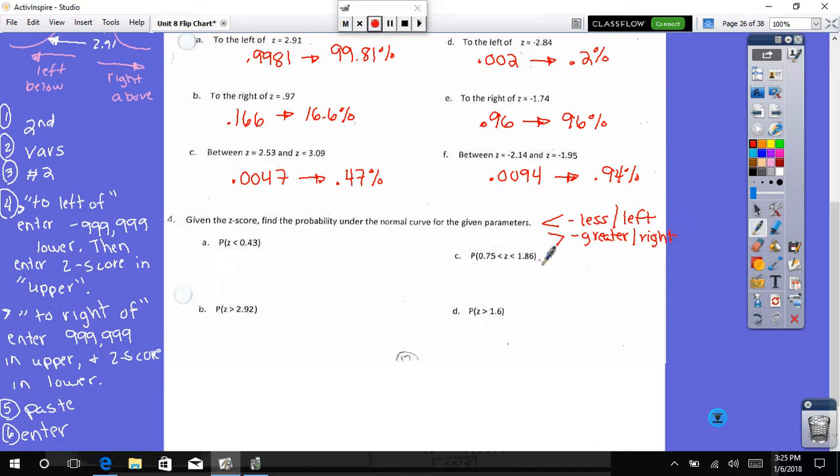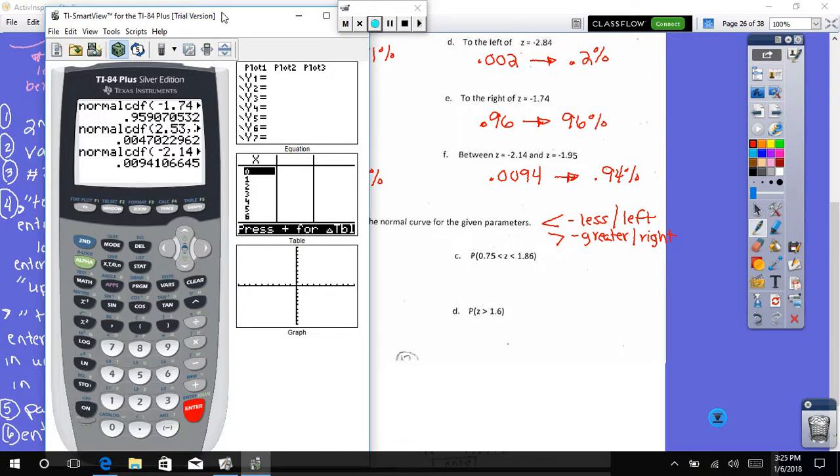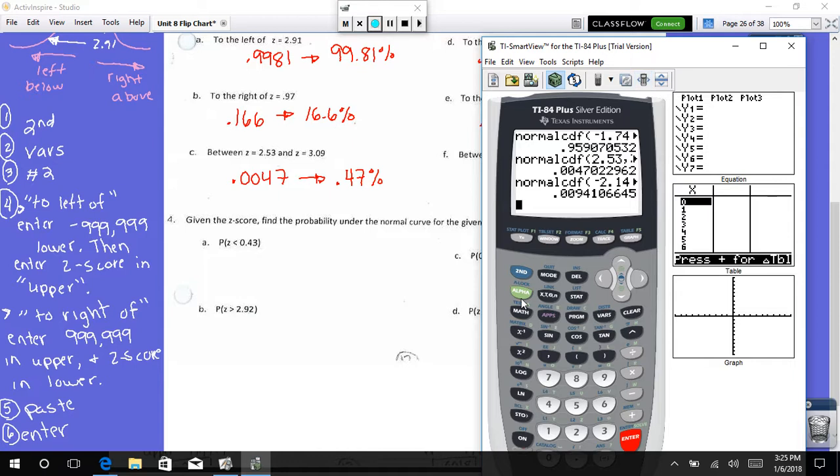Obviously if there is a z in between, then we are talking about a between. So this one wants to know with a z-score to the left of or less than 0.43333. So we are going over here to the left of, and we are entering it just like that.